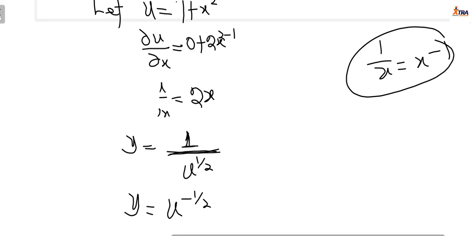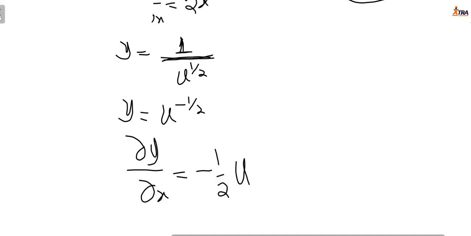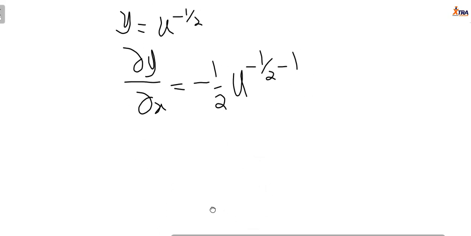Now, the derivative of y with respect to u: the power comes down, so we have minus 1 over 2, u raised to the power minus 1 over 2 minus 1. Then we simplify the fraction.